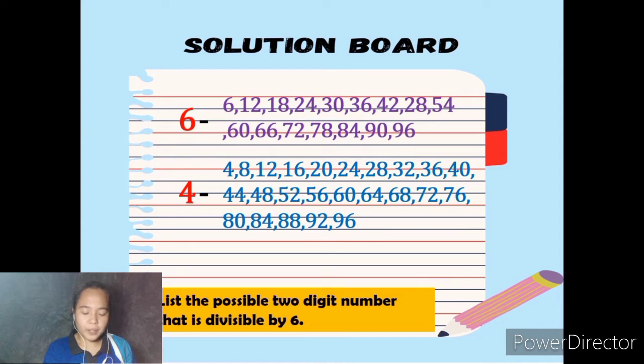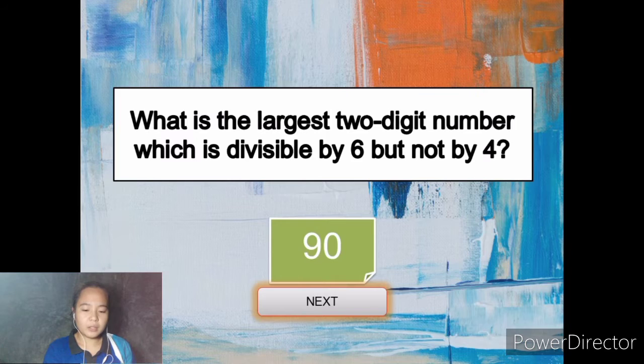So, sa 4, yung susunod na pinakamataas is yung 92. Ang sabi kasi dito, divisible by 6 but not by 4. So, ibig sabihin, yung 90 yung sagot kasi divisible siya sa 6 pero hindi siya divisible sa 4. Kaya nakuha yung 90.